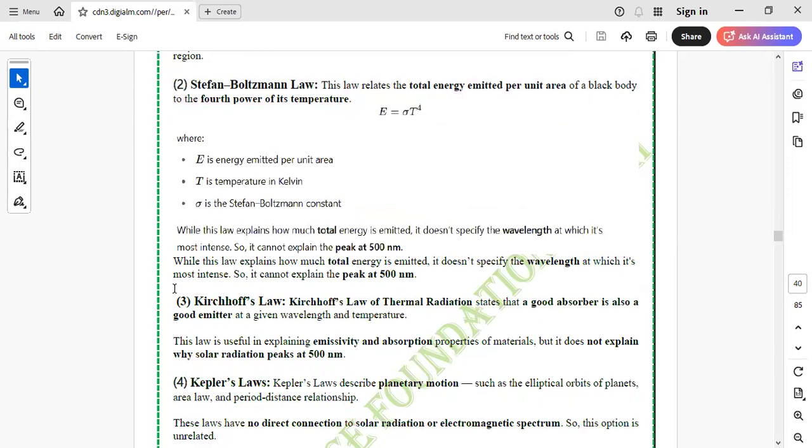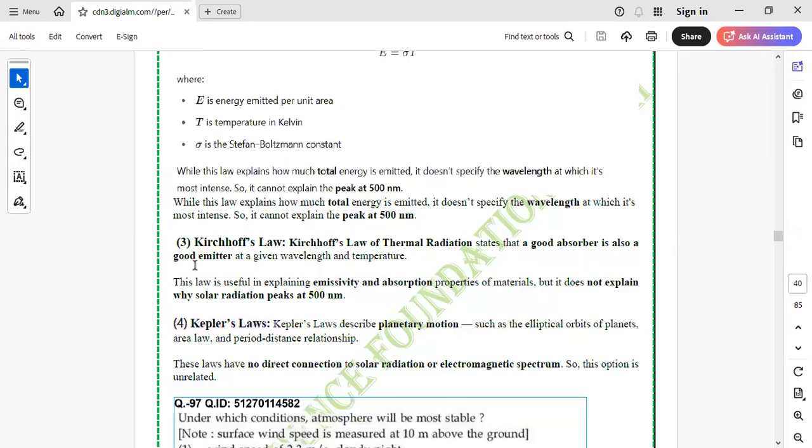Kirchhoff's law of thermal radiation, it basically states what? It states that a good absorber is also a good emitter. This question has been asked 2 times, right? So that is one of the reasons. And then Kepler's law is for planetary motion. T square is directly proportional to R cube, which is the time period squared is directly proportional to the third power of radius of the planet, right?